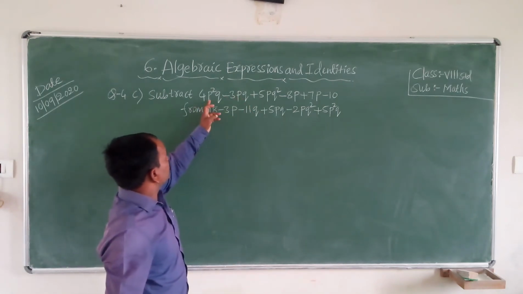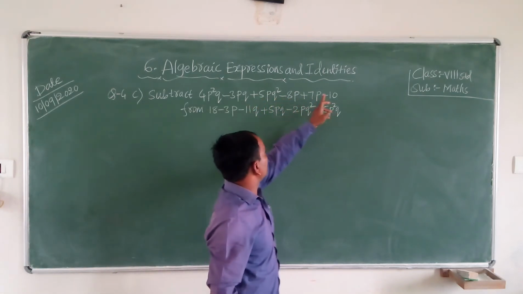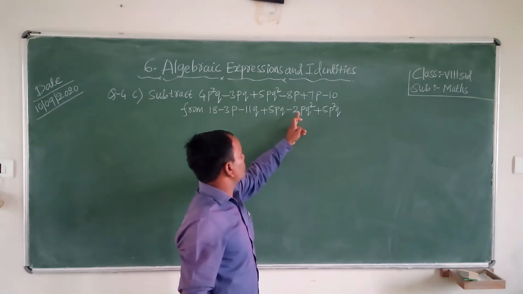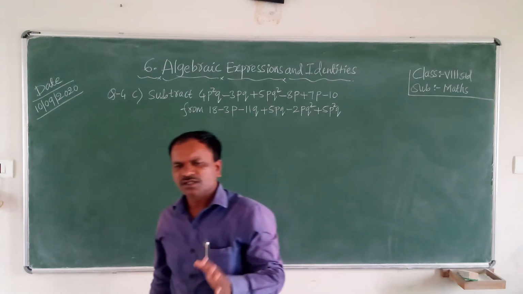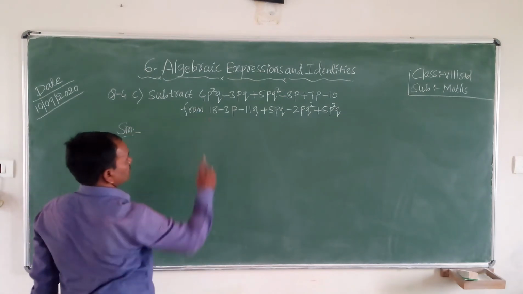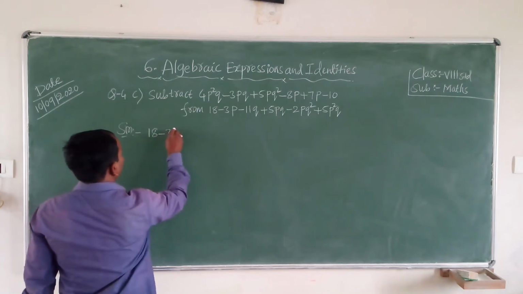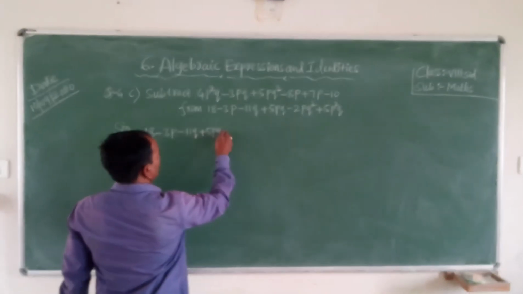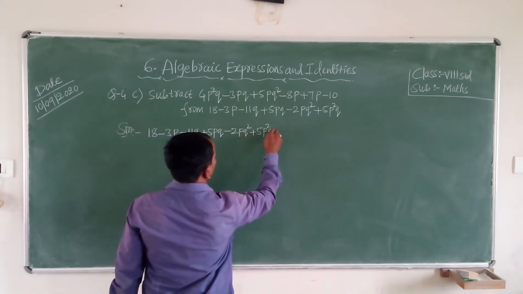From 4p square minus 3p cube plus 5p square minus 8p plus 7p minus 10, subtract 18 minus 3p minus 11q plus 5p minus 2p square plus 5p square cube.